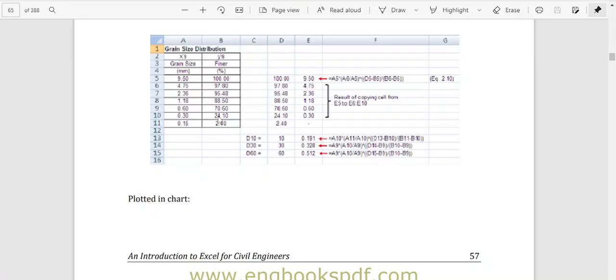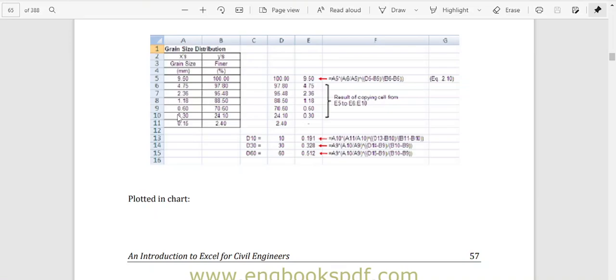This is your B10, the known value, and you know it is a corresponding x value, all over B11 minus B10. Remember, B11 is xi plus 1 and B10 is xi. So I believe this is clear.